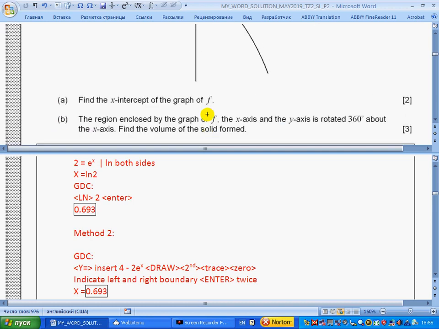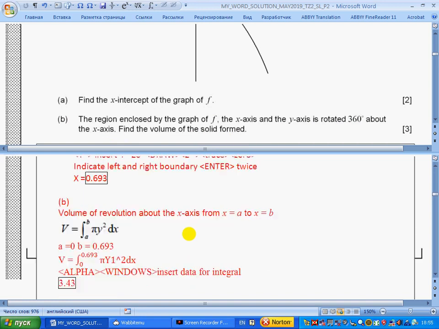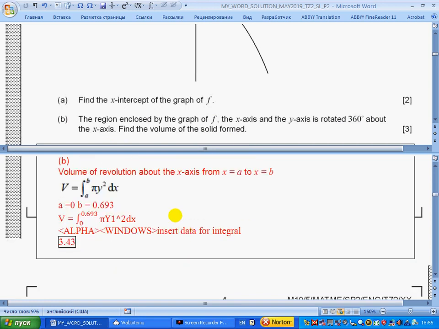The region enclosed by the graph of y, the x-axis and y-axis is rotated 360 degrees about the x-axis. Find the volume of the solid formed. Here I consult the booklet, and it gives me the formula for volume of revolution about the x-axis from x equals a to x equals b.